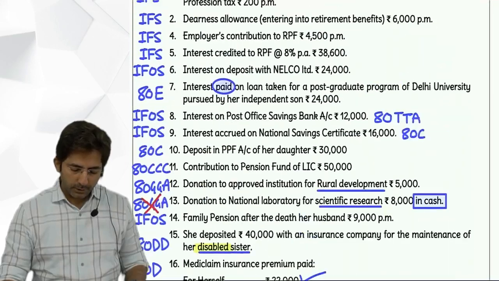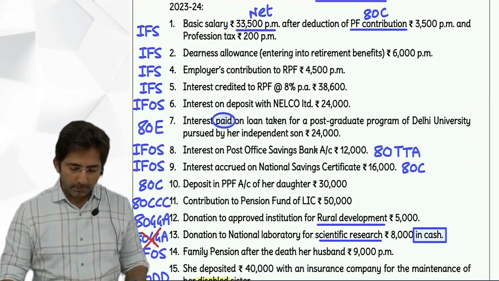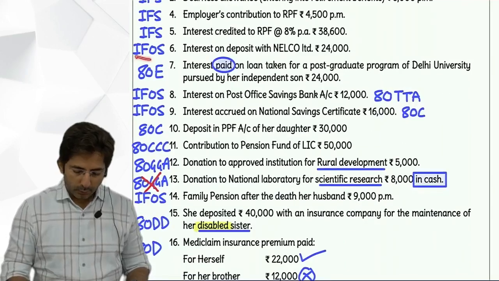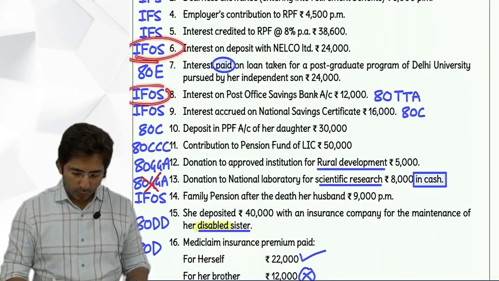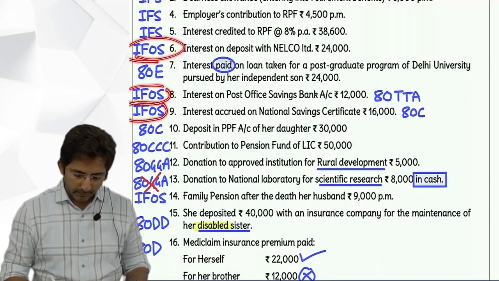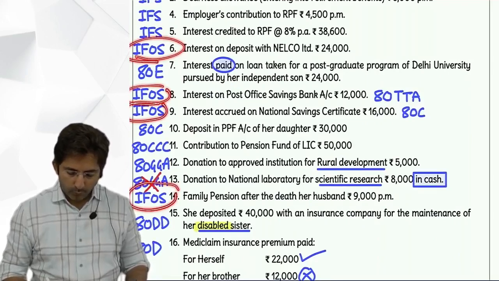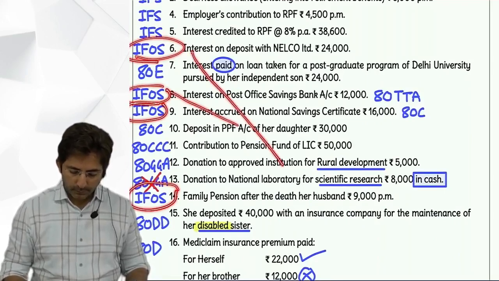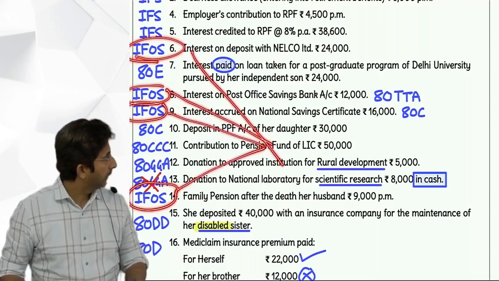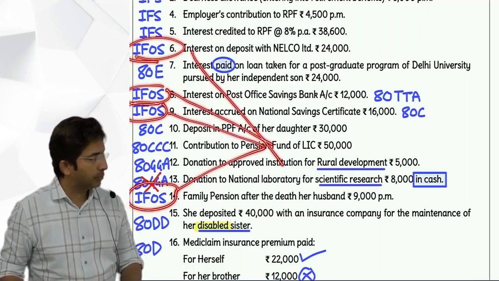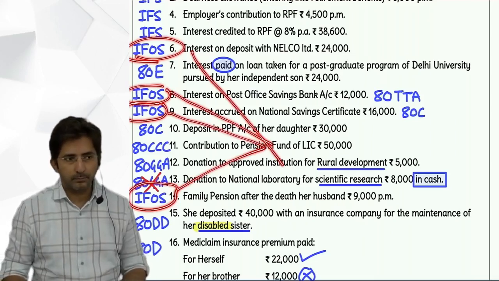Now in the question, search for the marking of income from other sources. See, we have got 1, 2, 3, 4. In our question, there are 4 items of IFOS.